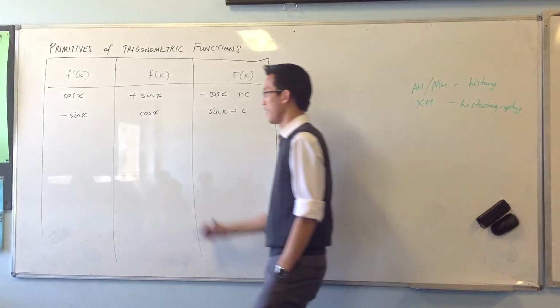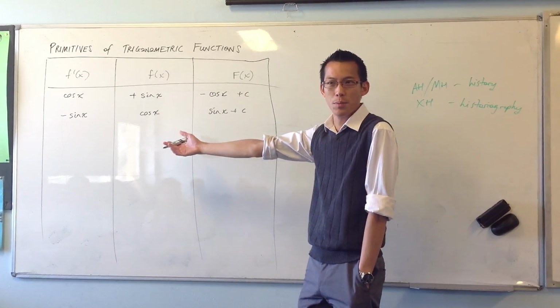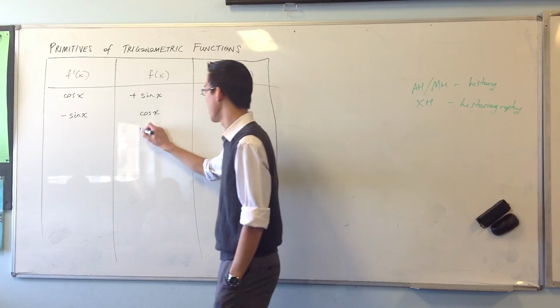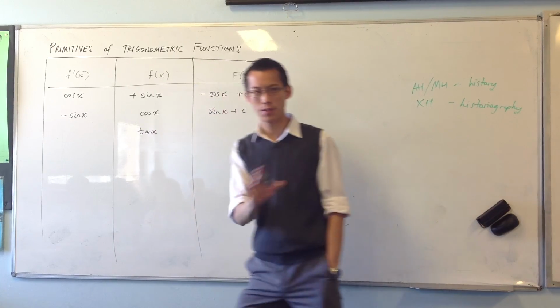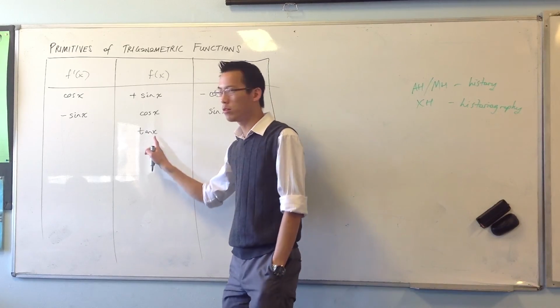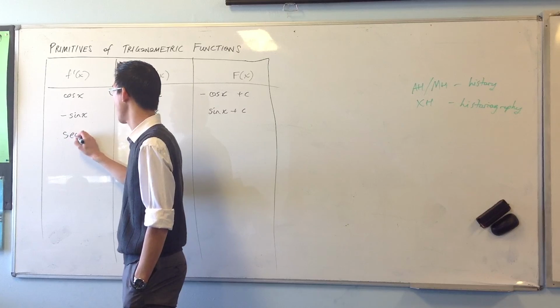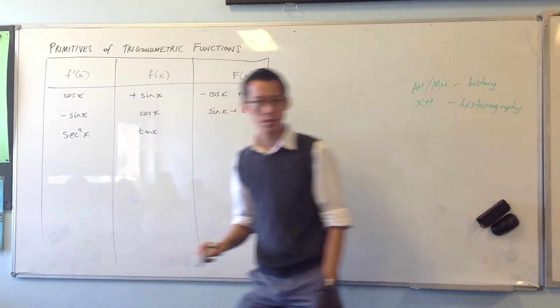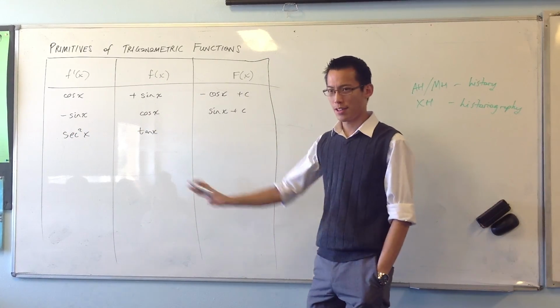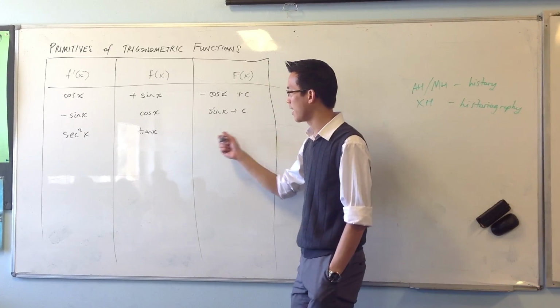Now, for your next function, your instinct will be tan, okay? Let's think about this for a second. We'll come back to him in a minute, but what will the derivative of tan be? Sec squared, right? Okay. So let's just note that, before I have a think about this guy.